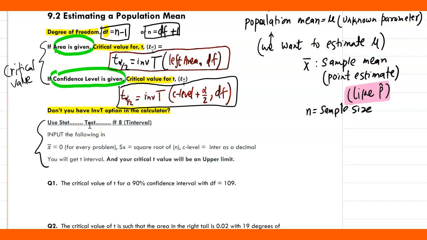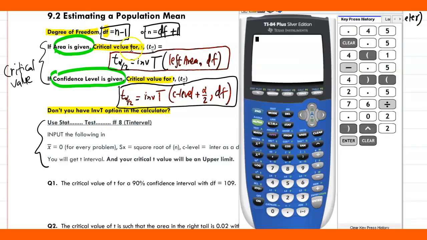Let me go back and show you whether you can find the invT option to find the critical value. To find invT, just like when you find normalCDF, you press second VARS, number 4. See, that's the invT.